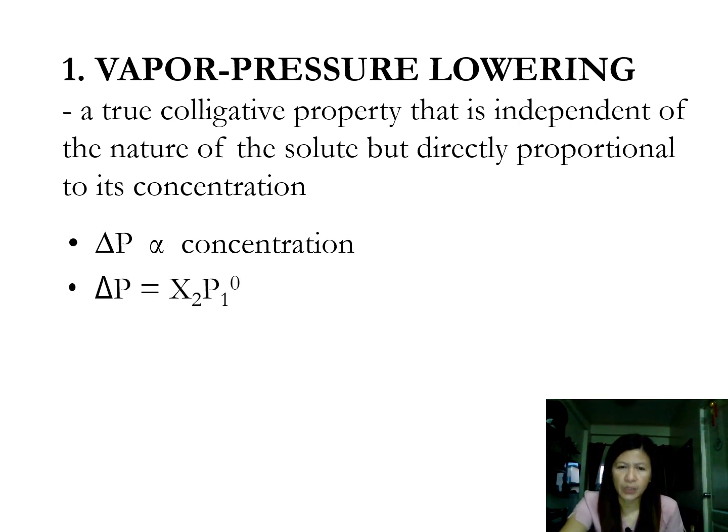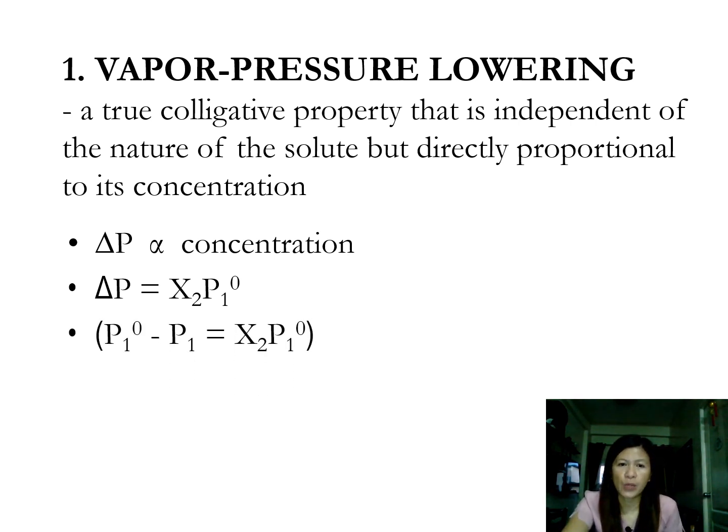So vapor pressure lowering may be determined or calculated mathematically using the equation with mole fraction of solute. So earlier we had X sub 1. X sub 1 is mole fraction of solvent. X sub 2 this time means mole fraction of solute. The other, P sub 1 superscript O, is still the vapor pressure of the pure solvent.